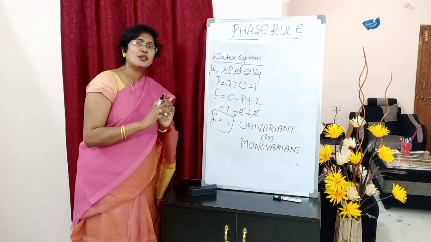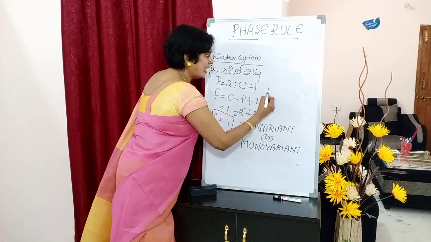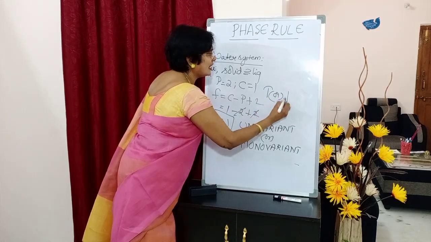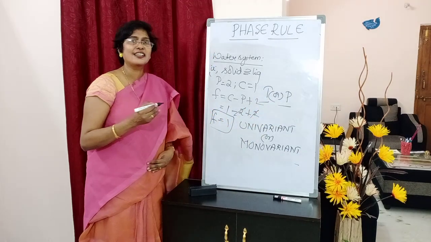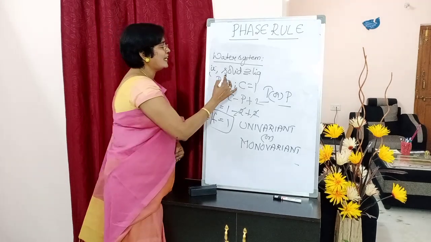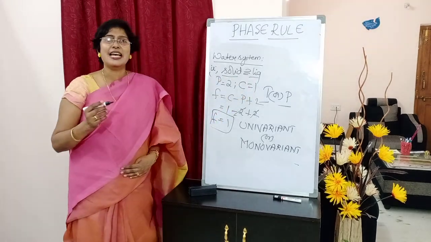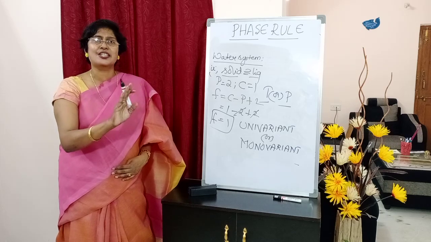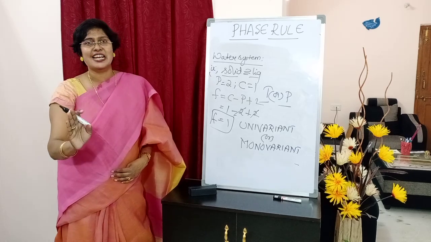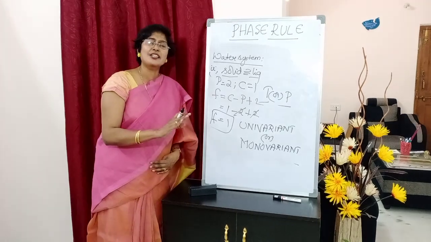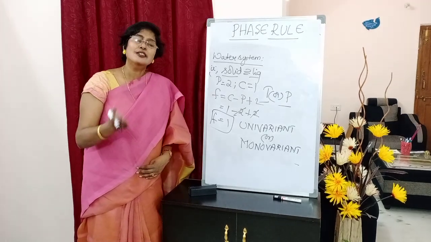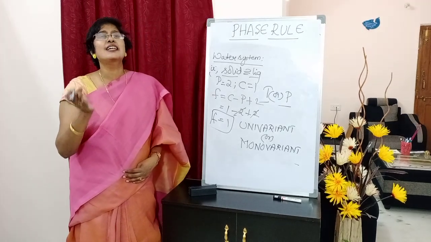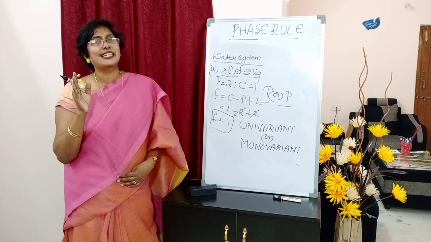F is equal to 1 means you can change either temperature or pressure without changing the phases present at equilibrium. Keeping pressure constant, change the temperature. Those 2 phases will be like that only. Keeping temperature constant, change pressure. Those 2 phases remain like that only at the equilibrium.